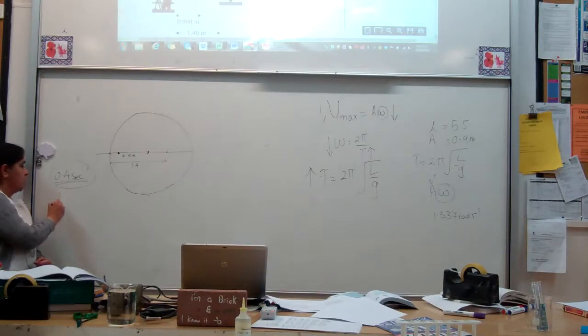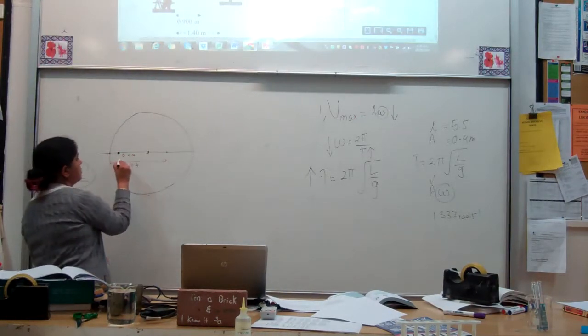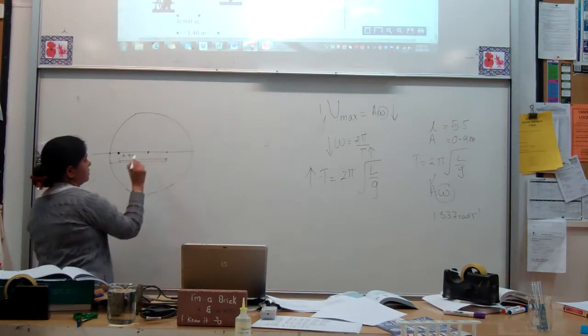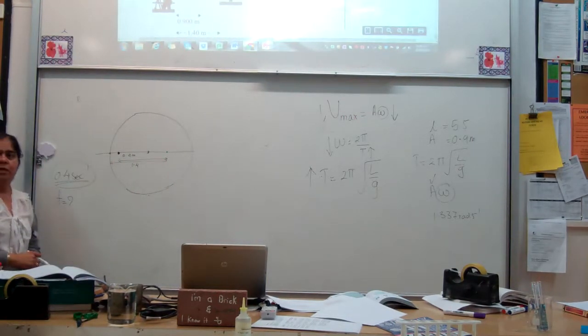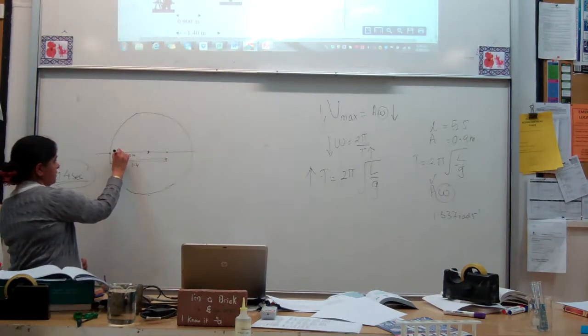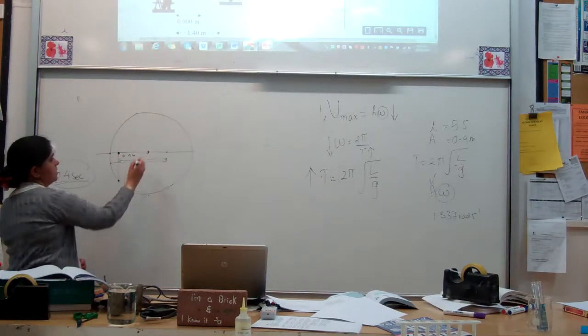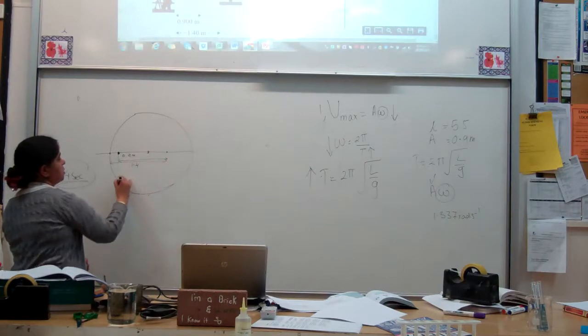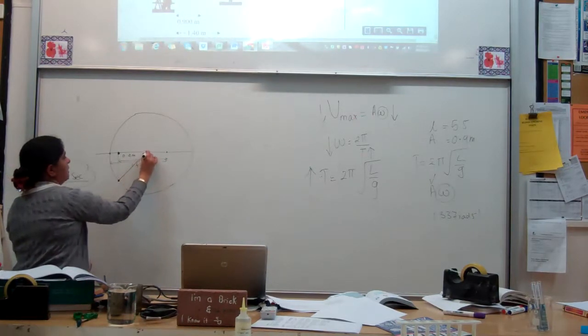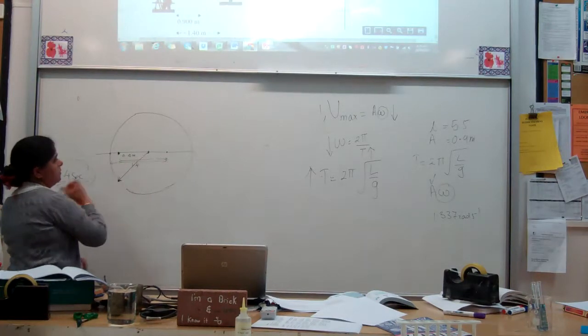So we have to work out the time taken to travel from this point to this point. And how do we do that? We'll have to use the reference circle. So go from here to this point. That's where you are on the reference circle. From the equilibrium position, its phasor is this point. Agree?